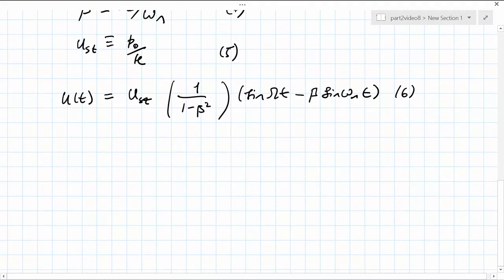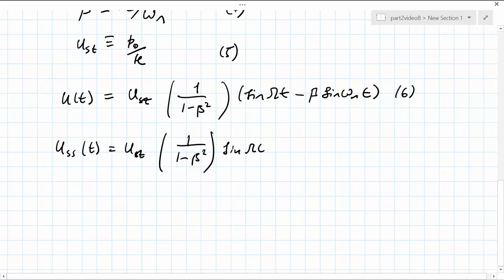The steady state dynamic response is then u subscript ss of t equal to u static times 1 over 1 minus beta squared times sine capital Omega t.